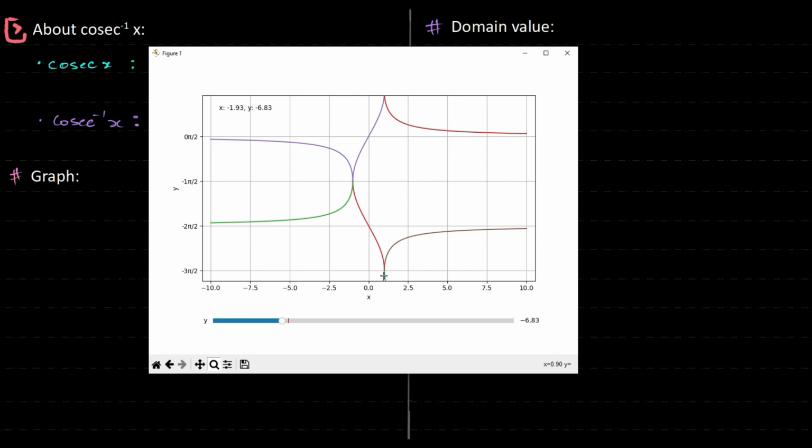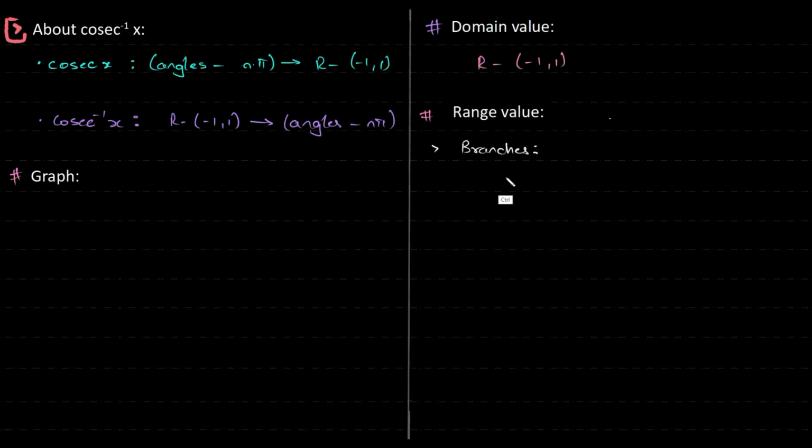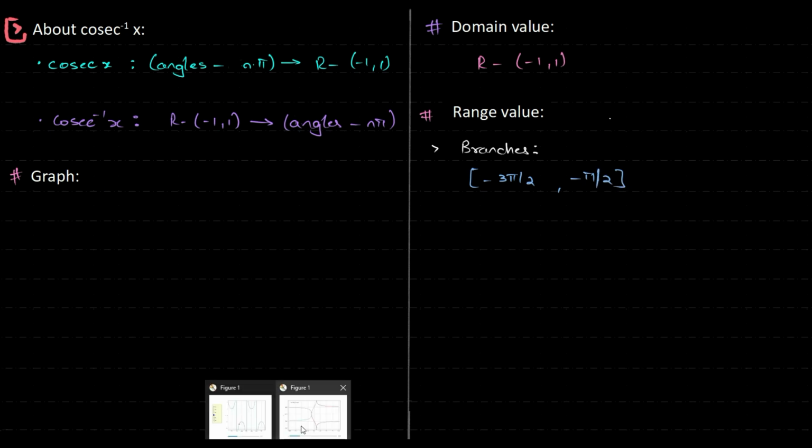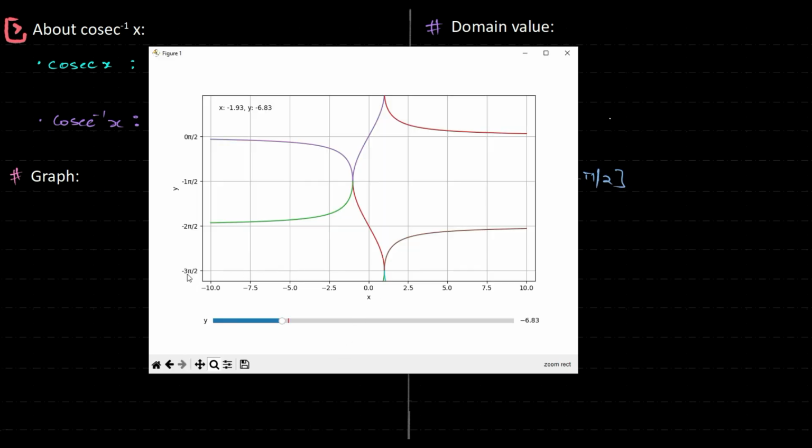We can see the branch of sine is starting from here and ending over here: minus 3 pi by 2 to minus pi by 2. Even cosec inverse of x follows the same thing. So we have values from minus 3 pi by 2 to minus pi by 2, including those values. Those values are included if you see the graph. They are part of your output, minus 3 pi by 2.